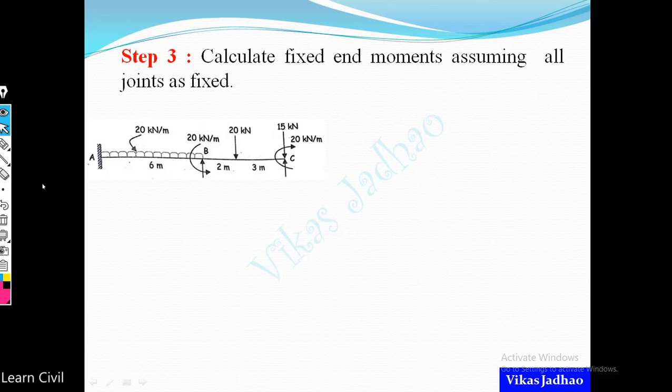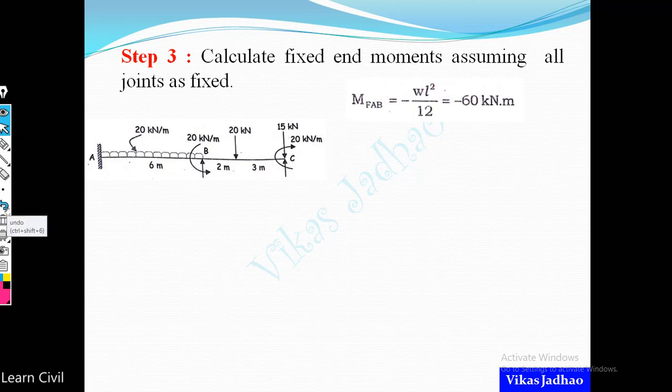Next step is to find out the fixed end moment, assuming all the joints as fixed. So fixed end moment for AB span will be given by MFAB, which is equal to minus WL square divided by 12. So we can write like this.